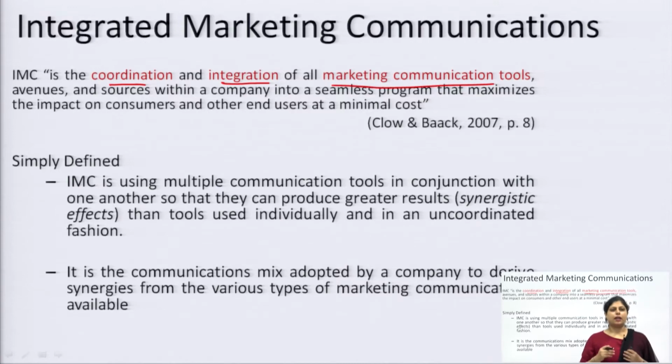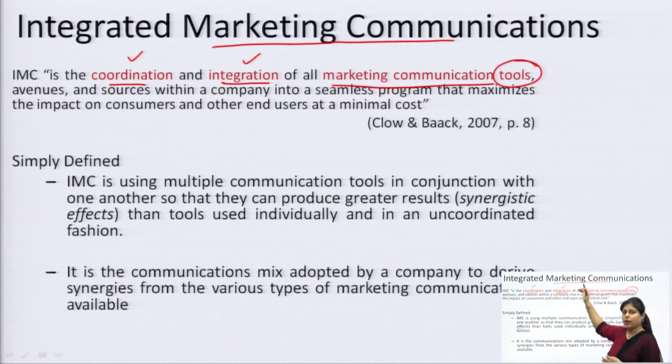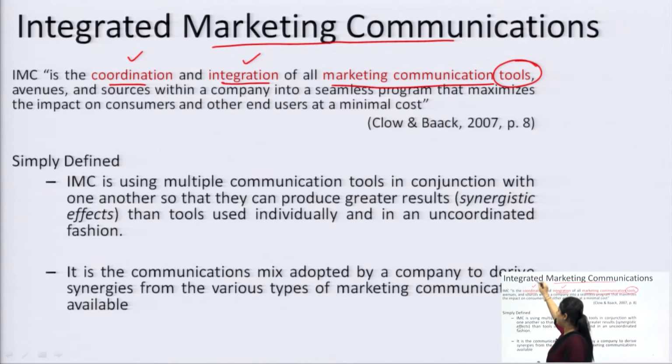Over here, what we need to understand is that we will be talking about coordination and integration of all the marketing communication tools. As the name also suggests, we are going to discuss the combination of marketing communication.